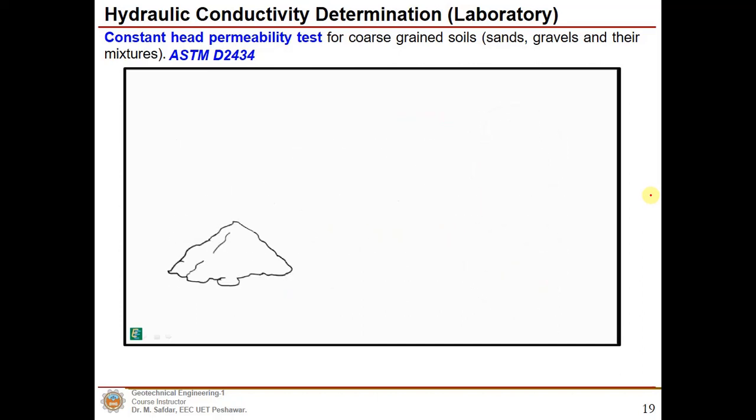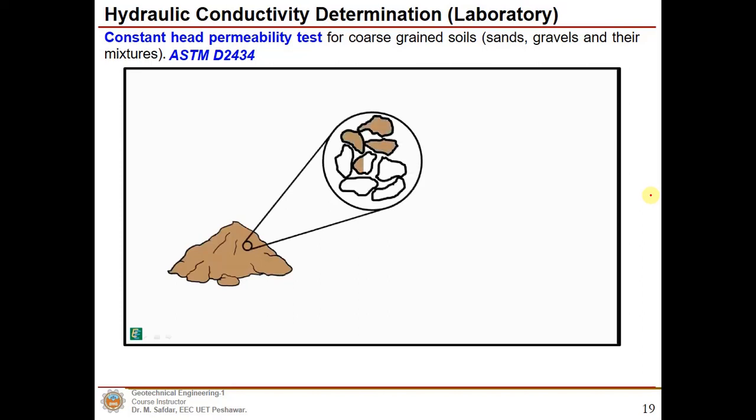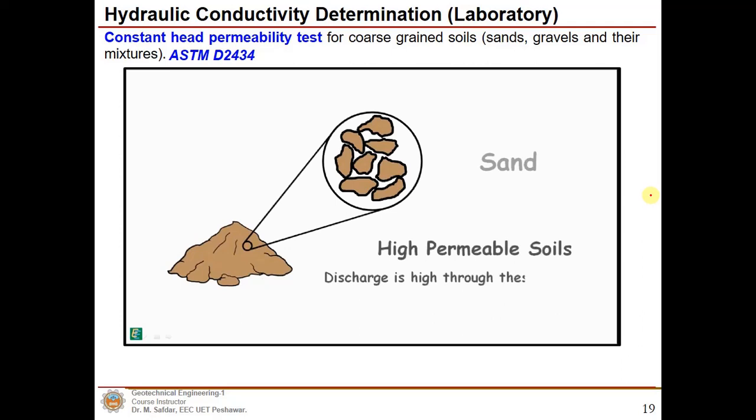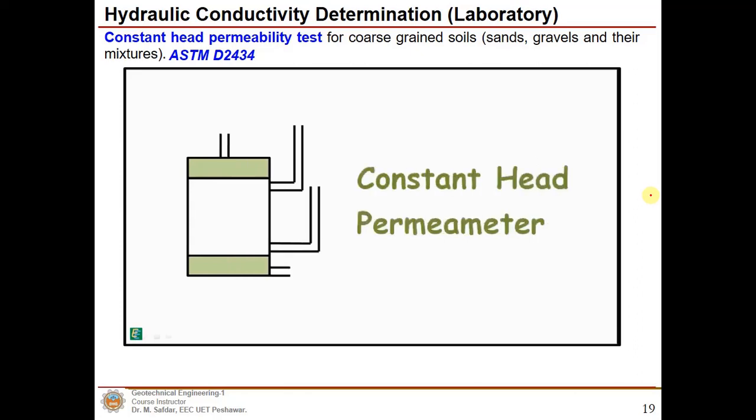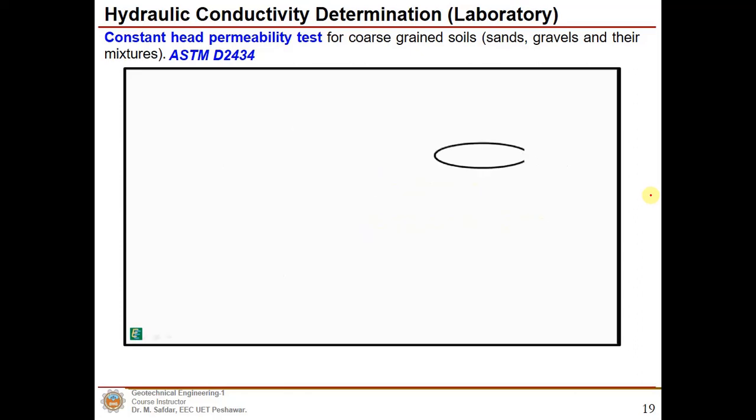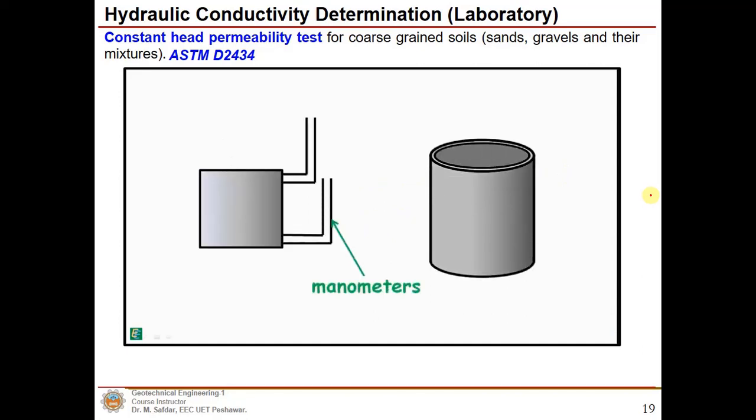We perform this test for granular soils such as sand, where the quantity of discharge of liquid through them is large. To perform this test, we use an instrument called a constant head permeameter. This instrument consists of a cylindrical mold which is connected with two manometers at its curved surface.